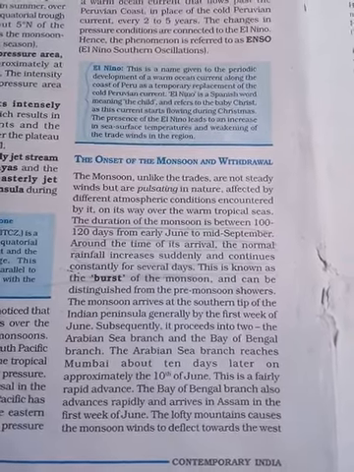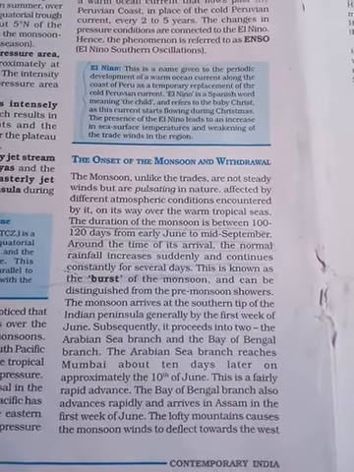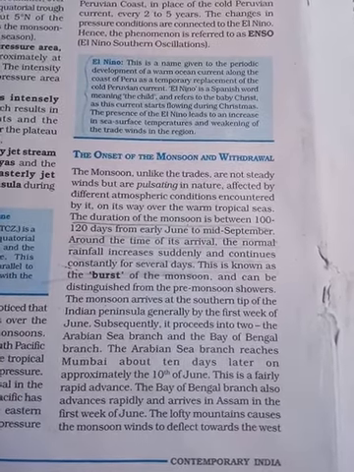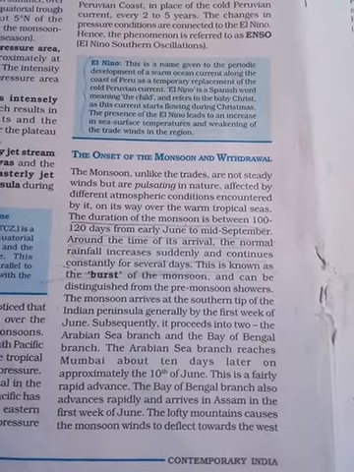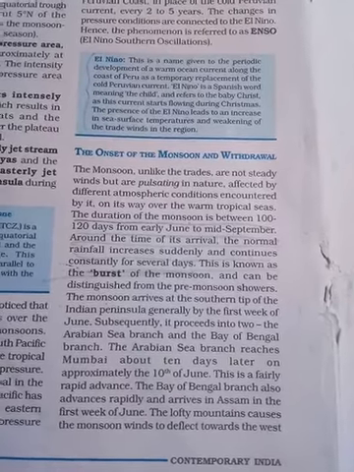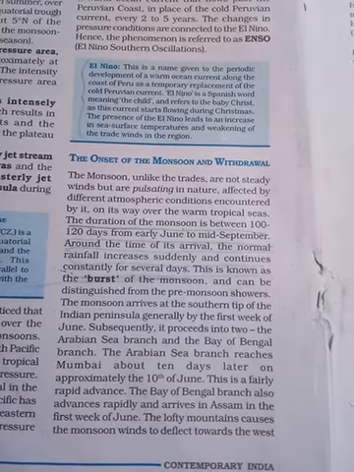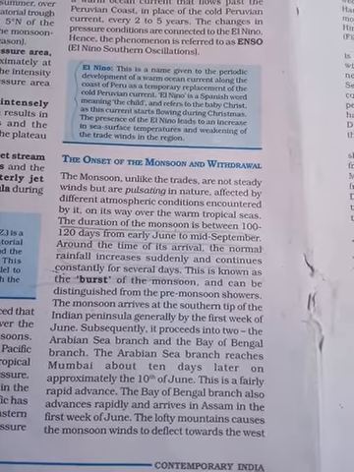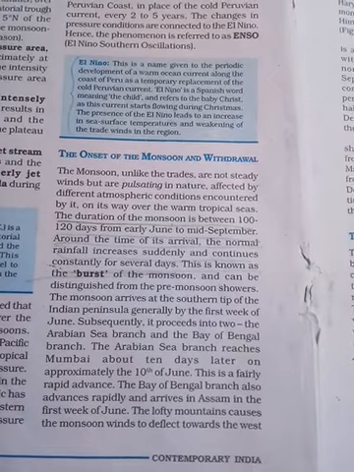The monsoon which arrives from the Arabian Sea reaches Mumbai about 10 days later, approximately by 10 June. This is a fairly rapid advance.